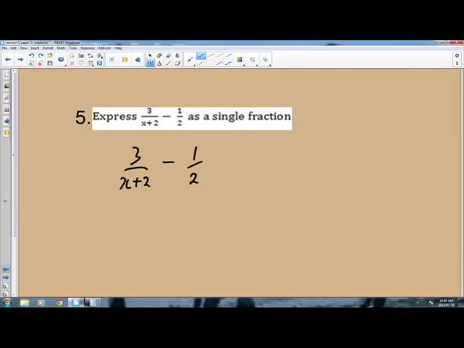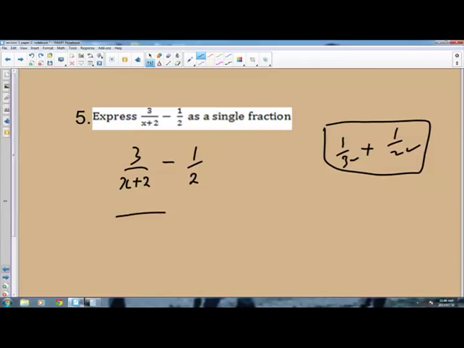When we have, say for example, 1 over 3 plus 1 over 2, you look for the lowest common multiple of 3 and 2. So this is just the same here. We are going to look for the lowest common multiple of x plus 2 and 2. How do we get it? We multiply x plus 2 and 2.